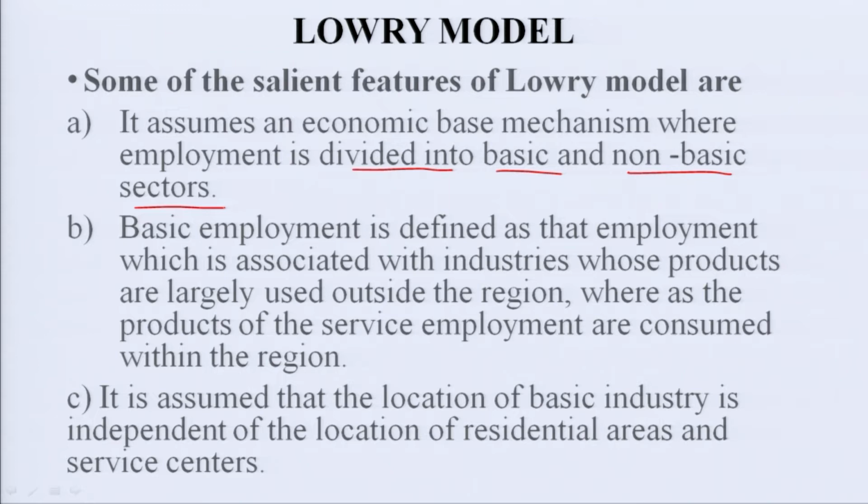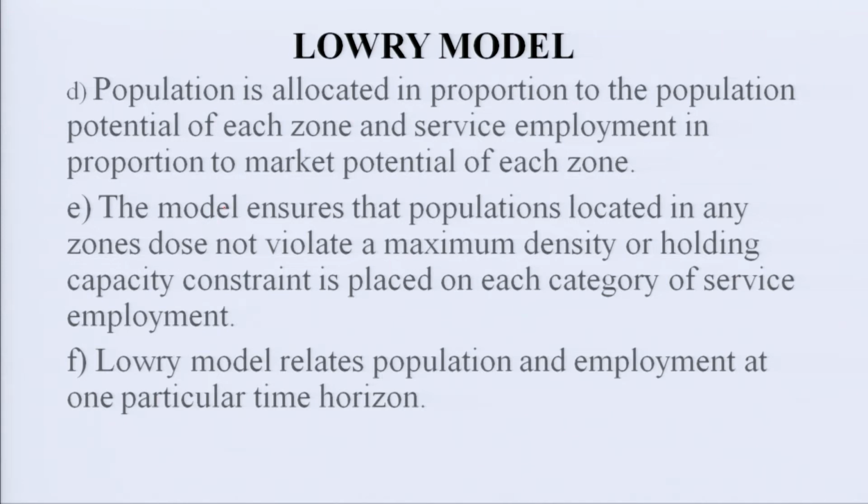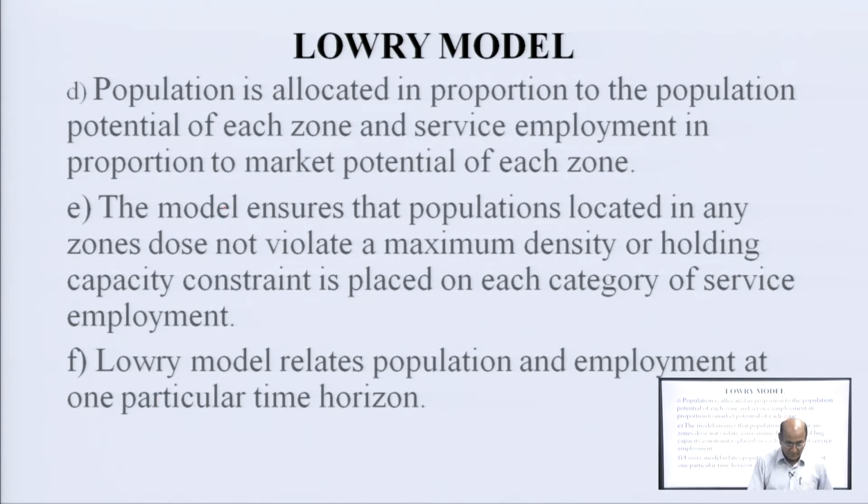It is assumed that the location of the basic industries is independent of the location of residential areas and the service centers. Third, population is allocated in proportion to the population potential of each zone, and the service employment in proportion to the market potential of each zone.